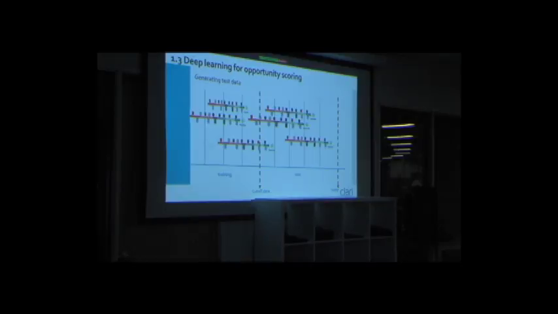But for this case, we have a cutoff date. Before the cutoff date, we use the data for the training. Say we use the opportunities which closed before the cutoff date for the training purpose, but we only use the opportunities after the cutoff date as the test data.